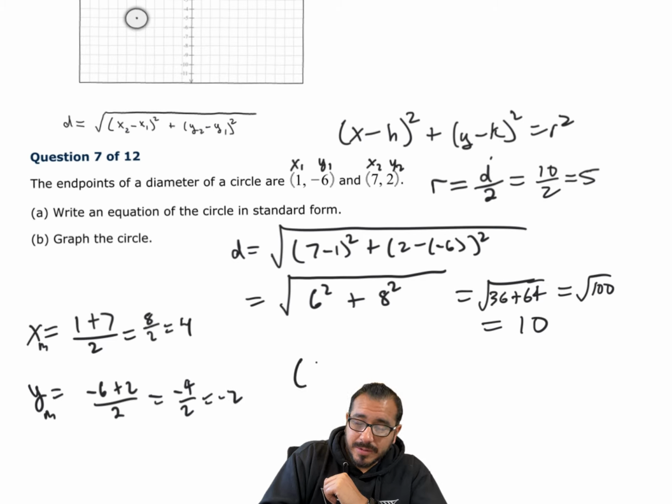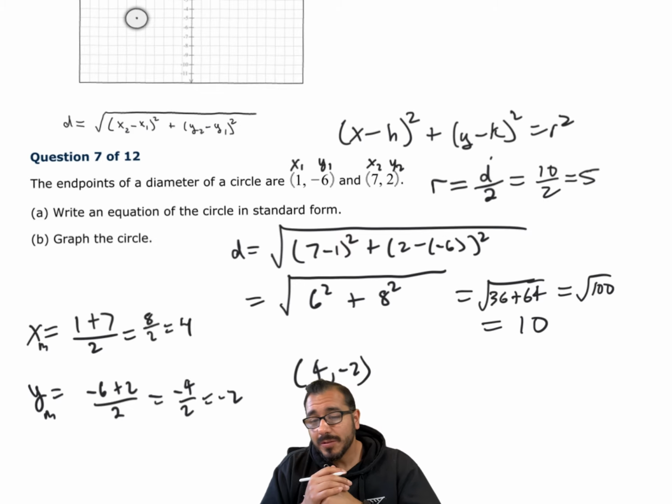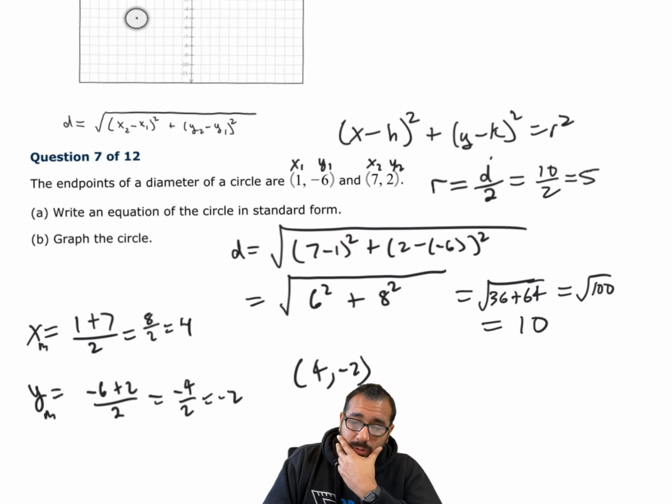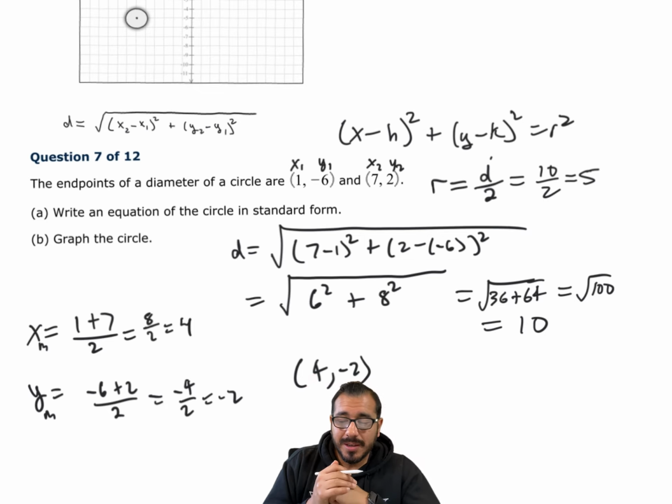So the center is 4, negative 2. And what's awesome is that if you were to actually graph this and then graph these 2 points, you would see that this point falls right smack in the middle, which is good news. All right, so now we know the center.